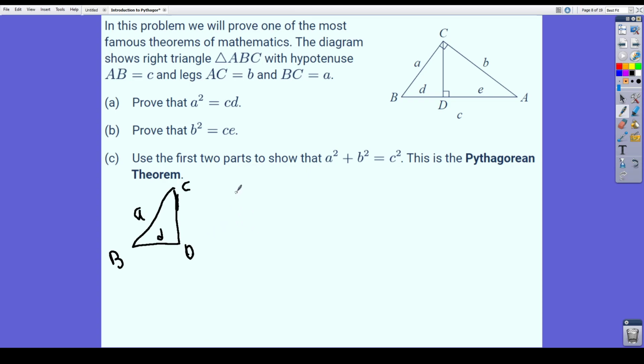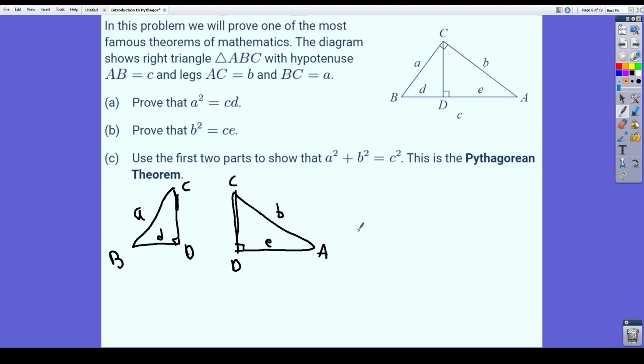Now let's draw the other triangle. We have this triangle, which is going to represent CDA. Again, for CD we don't really know what the length is, so I'm not going to worry about it, but I know that DA has a length of e, and CA has a length of lowercase b.